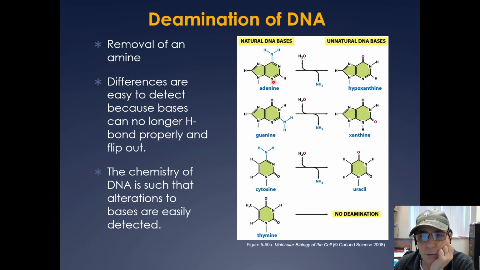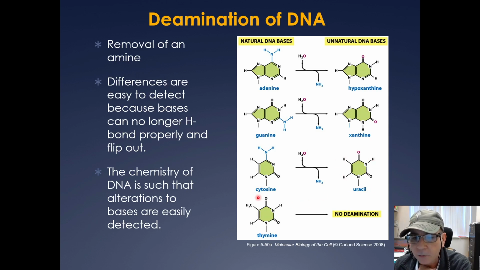If you have an adenine and it's deaminated, what's left over is a hypoxanthine. Same thing with guanine: if it's deaminated, you're left with xanthine. Cytosine's a bit unique in that it can lead to a uracil, which can be copied. These other ones are typically never copied.